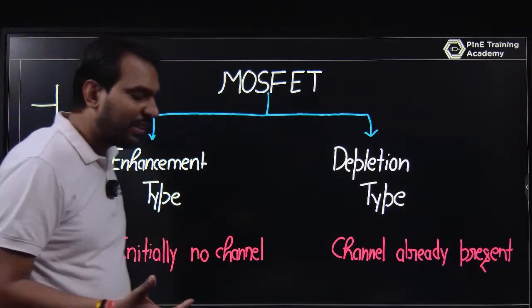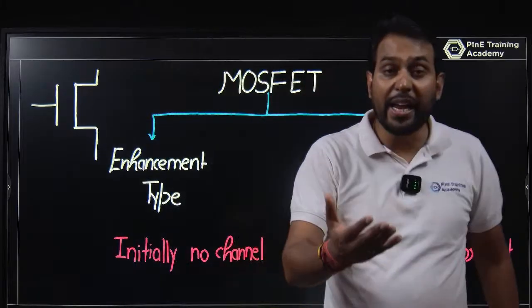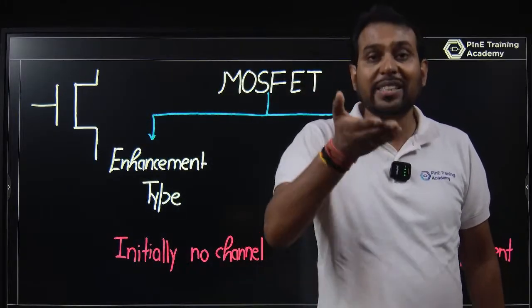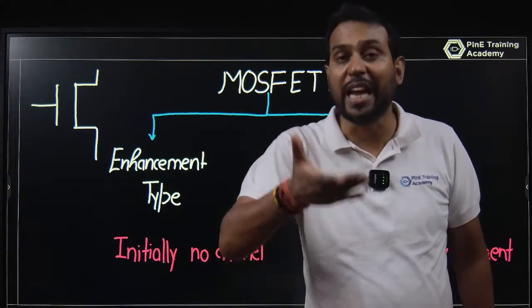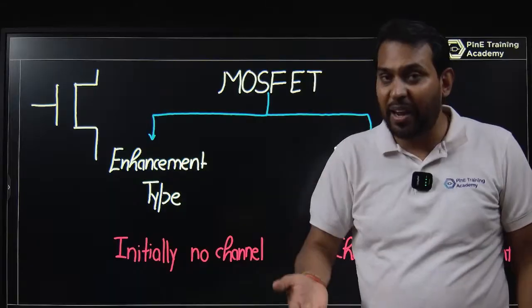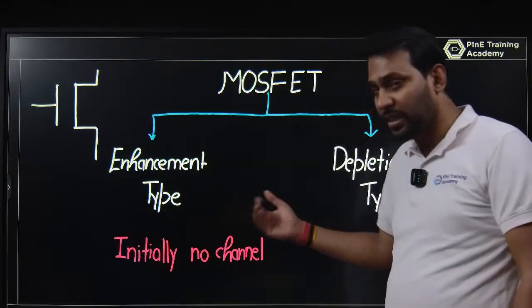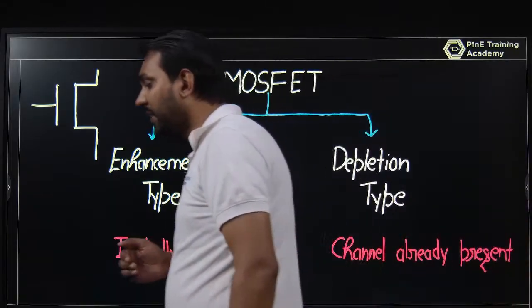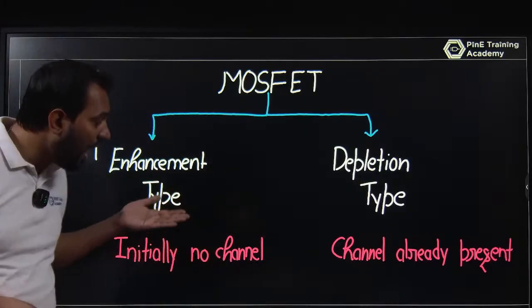Enhancement, the name suggests it. What is the meaning of enhancement? You are enhancing the channel. Enhancement or depletion, both are related to the channel. What is the meaning of channel? We will discuss after that slide. Firstly, understand enhancement means enhancing the channel.